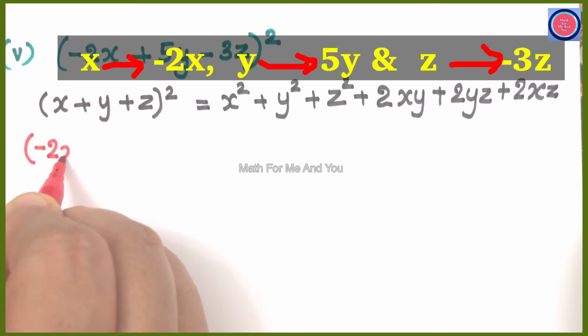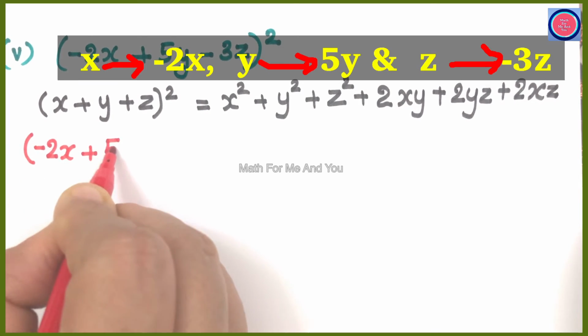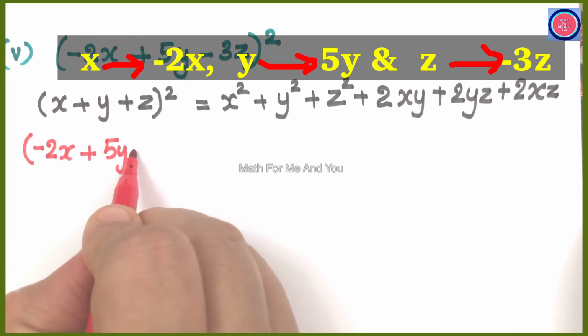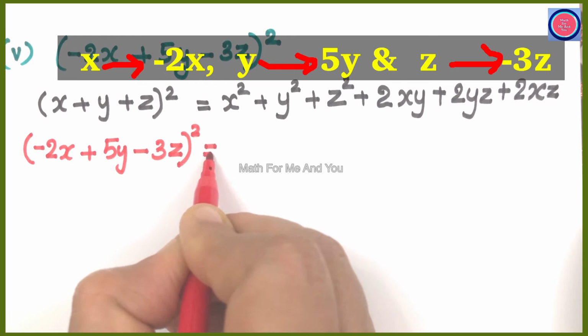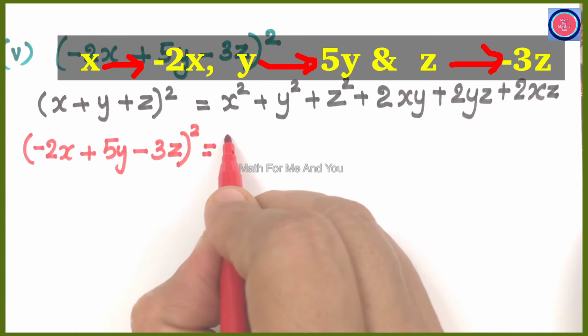In place of x we have to write minus 2x, y we need to change with the 5y, and z we need to change with minus 3z. So each term on the right side becomes minus 2x.